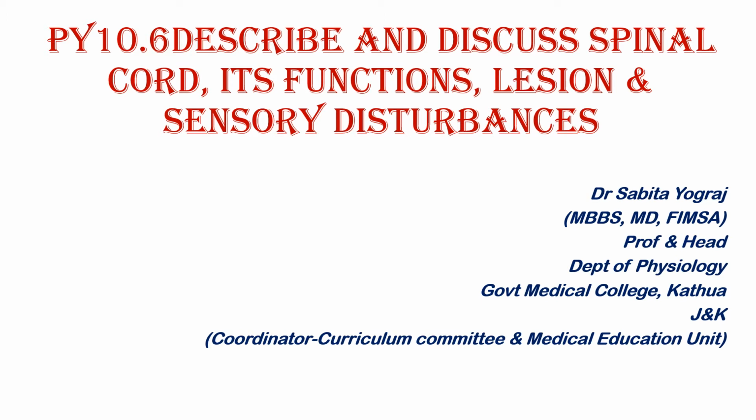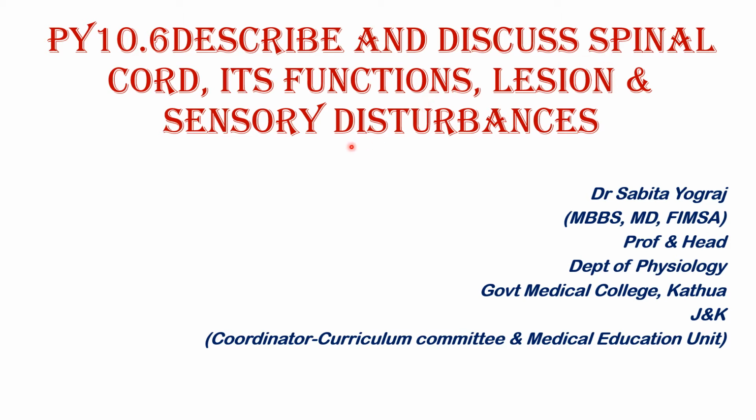So we'll be discussing the competency today, PY 10.6: describe and discuss spinal cord, its functions, lesion and sensory disturbances. When we were having live sessions, we have already discussed the spinal cord in detail, its structure, its different laminae, its different horns, and also the function, sensory as well as motor.